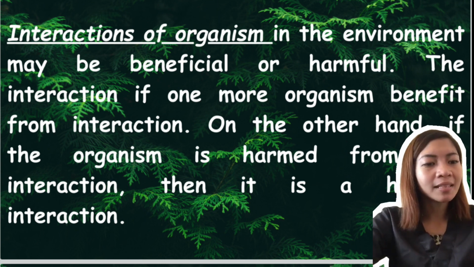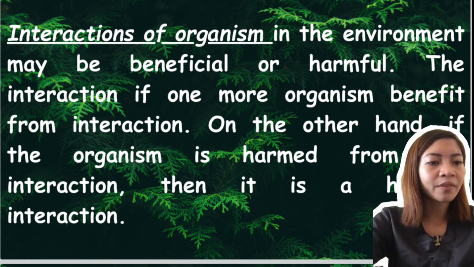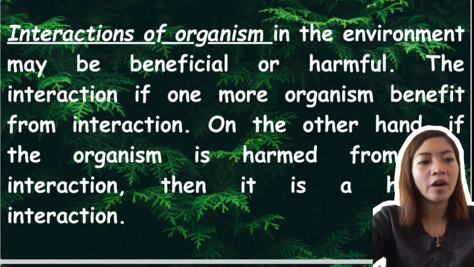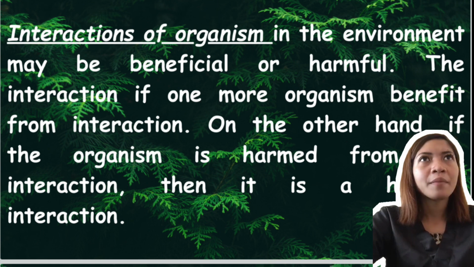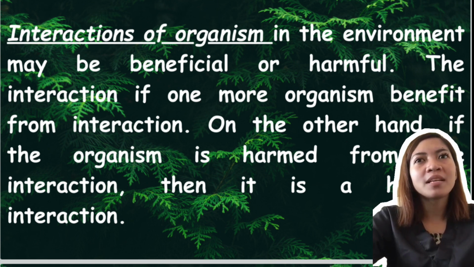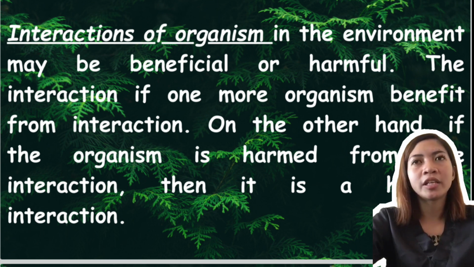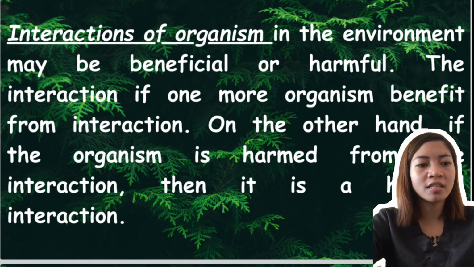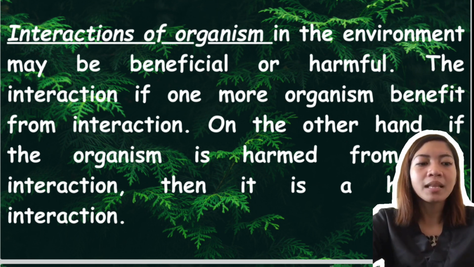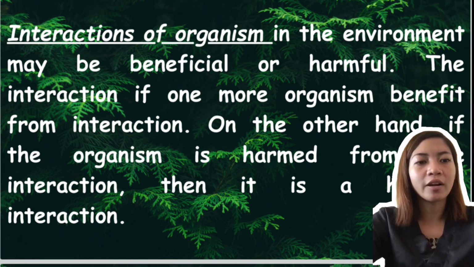On the other hand, if the organism is harmed from the interaction, then it is a harmful interaction. In a beneficial interaction, the organism is not harmed or hurt. And if it harms any other organism, it is called a harmful interaction.